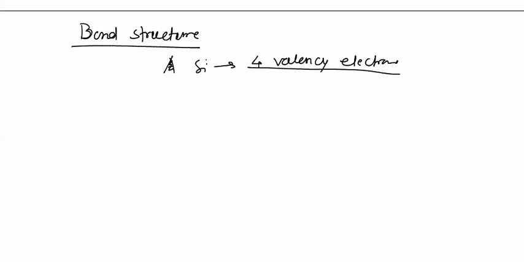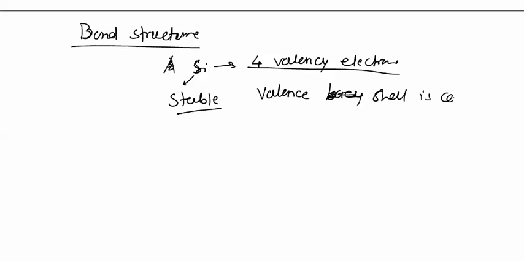If these silicon atoms are in a material, each silicon will try to become stable, and stability will be acquired if the valency shell is complete.